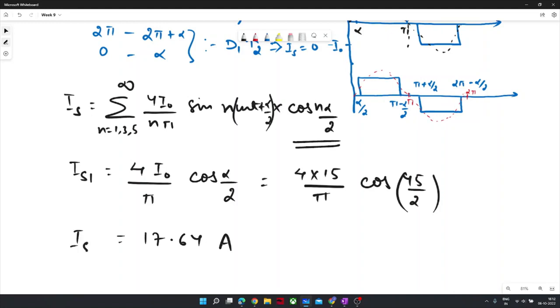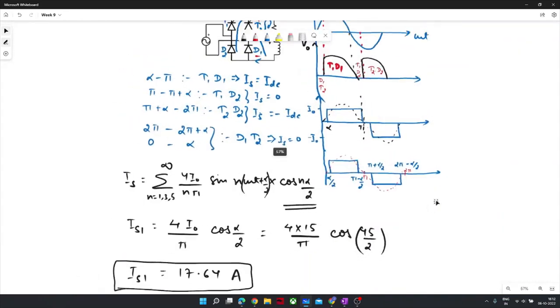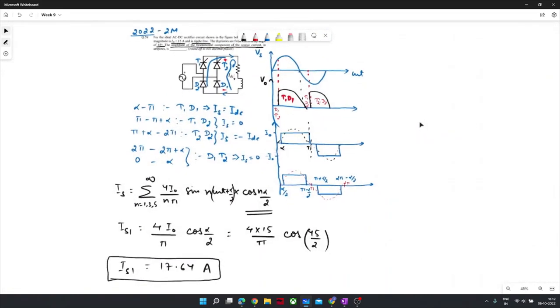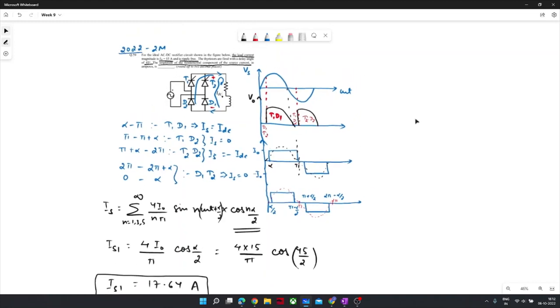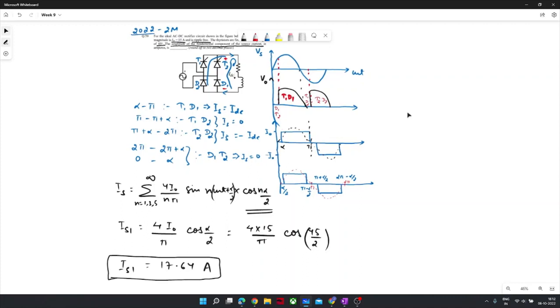So that will be the magnitude of the fundamental component of source current. I hope this is clear to you. If any doubt in this problem is there, we can clarify. Any doubt in circuit waveform, anything? I hope this type of problem was discussed earlier, but anyway. If not, then I will move on to another problem.